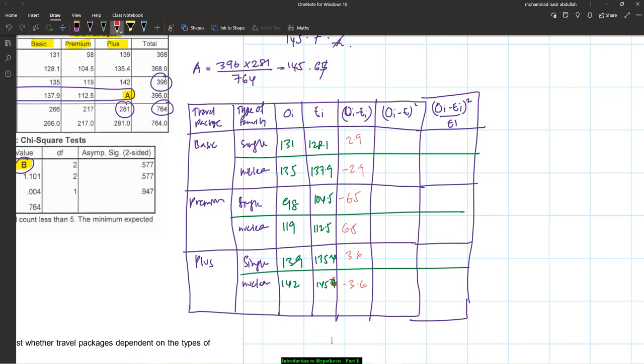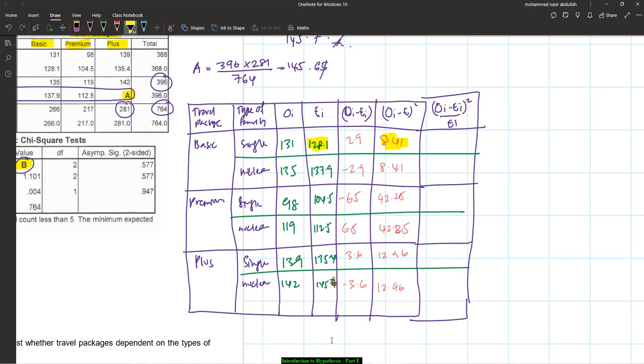So 2.9 power of 2 should be 8.41. 6.5 square is 42.25. This is 3.6 square, 12.96, right? And then this value should be divided with this value, right?